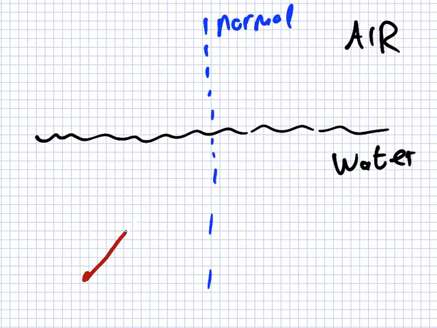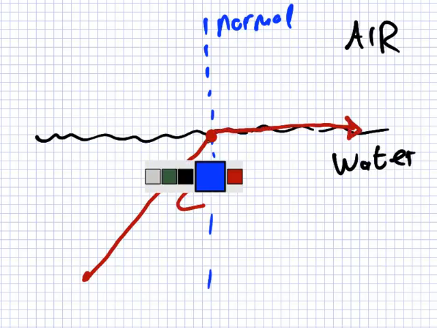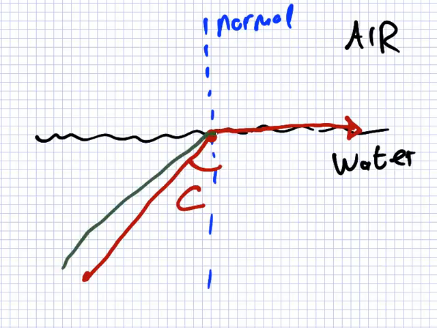So it comes up here, hits here. This is theta 1, and I'm going to call this C for the moment, because we can find a special angle that makes the light not escape and instead run across the boundary between them. And if we were to go past this angle C, the light would be reflected back into the water. This special angle is called the critical angle.